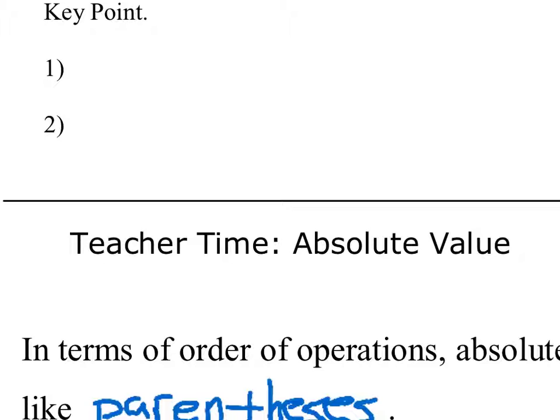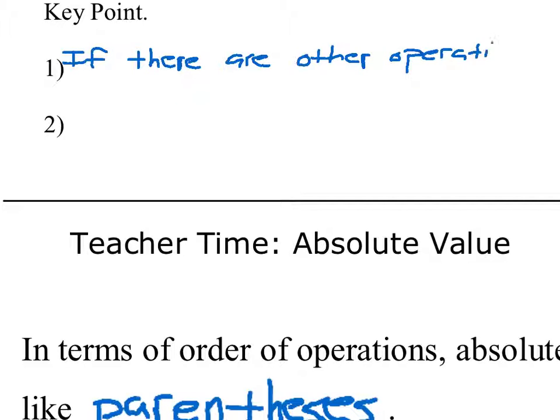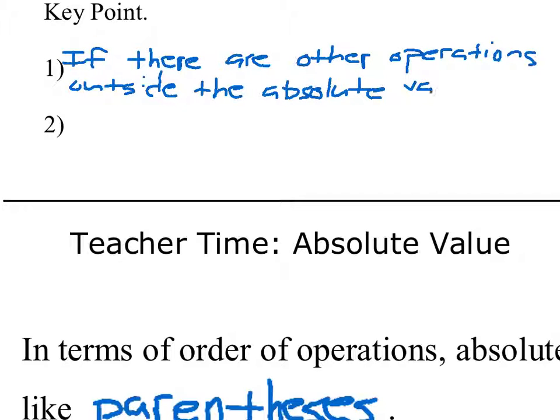So she's saying that if there are other operations outside the absolute value, the final answer can be negative.